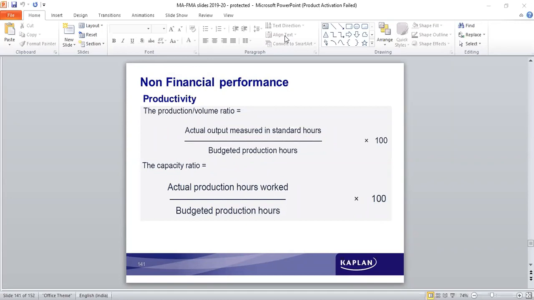If the budgeted production hours are taken as 100%, the actual output measured in standard hours, so how much time is required for the actual output produced, that is actual output measured in standard hours, is what percentage. Then the capacity ratio: when they have budgeted production hours decided, how much did they consume, actual production hours worked, is what is the capacity ratio.